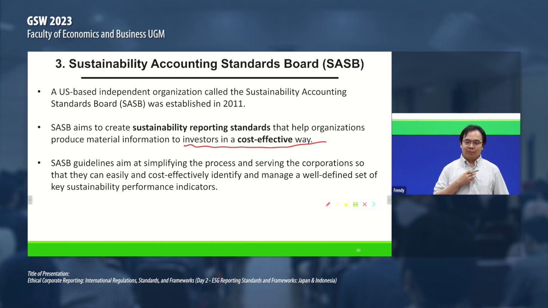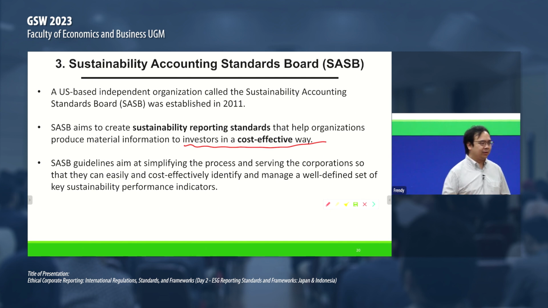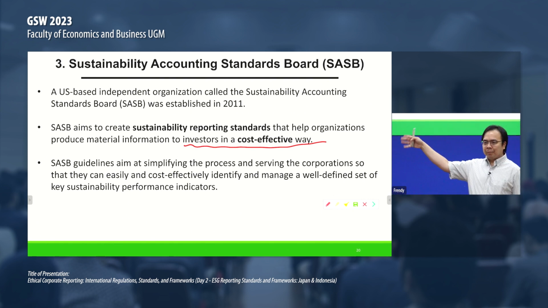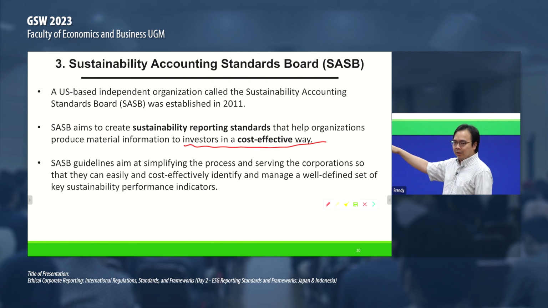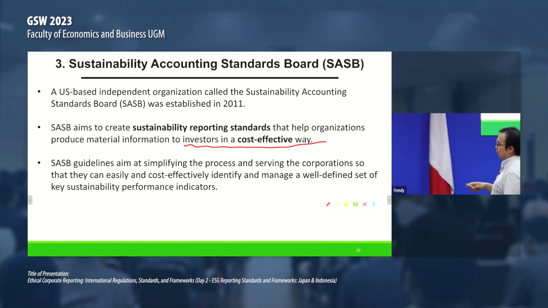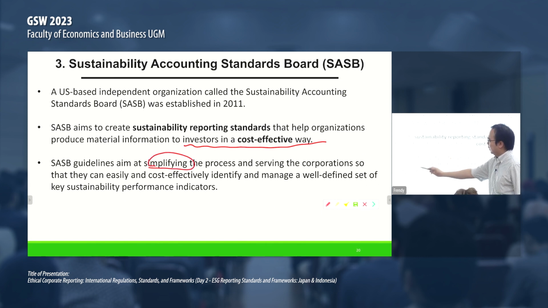Based on our discussion yesterday, I believe we mentioned the issue of costs for the companies to prepare all those complicated and detailed sustainability information, right? So these standards aim to address that concern. How could the companies disclose this sustainability information in a cost-effective way? So the focus is on simplification: easy, effective.